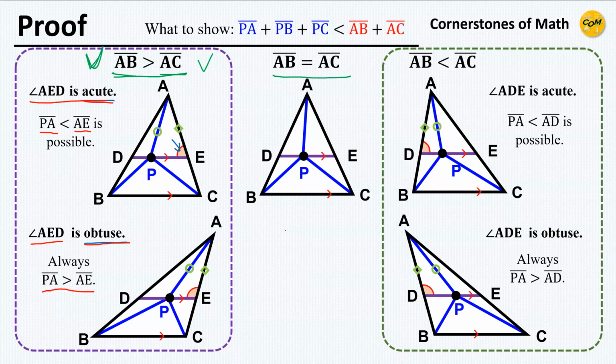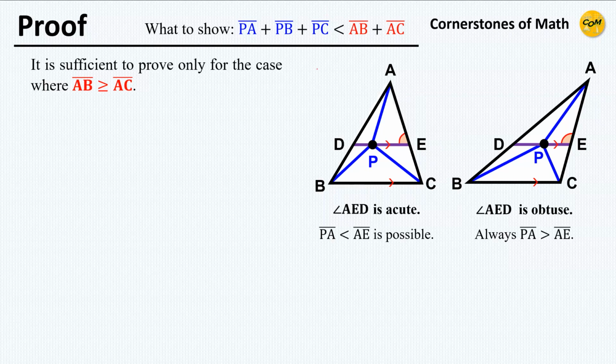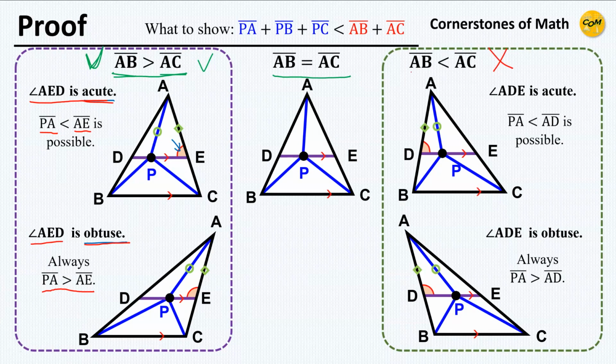Addressing these cases one by one and proving for each case is tedious work, but actually we don't have to do that. Logically, it is sufficient to prove only for the case where AB is greater than or equal to AC. That is, we don't even need to handle this third case separately. And it makes sense because this third case is perfectly symmetric to the first case, hence the proof would be essentially the same, only symmetrical and nothing new.